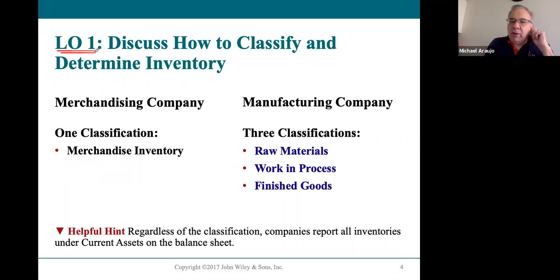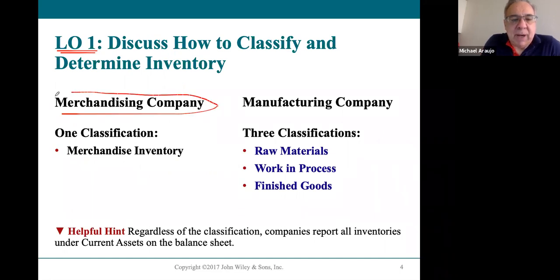Most of Objective 1 should be all a review for you. Again, the idea is we're talking about a merchandising company, which deals with an account called inventory or merchandise inventory, but this is an asset account. When you get to managerial accounting, this stuff is going to come back.